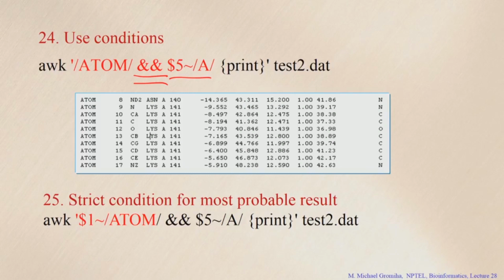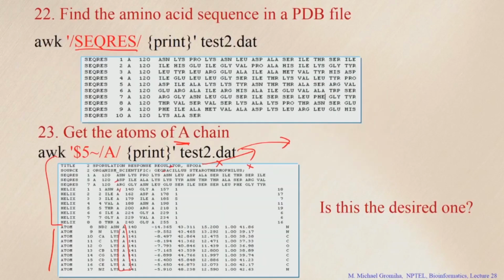So you can check atom anywhere, and the fifth column is A, then you print. But if a record contains atom somewhere, for example here there is an atom, then that will print, since the fifth satisfies A and this has atom.